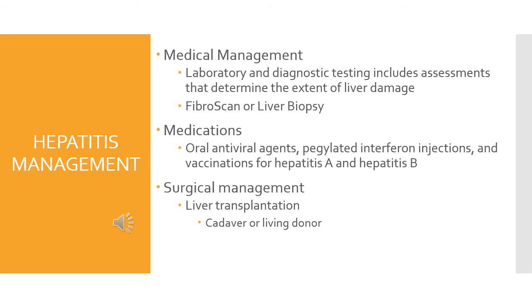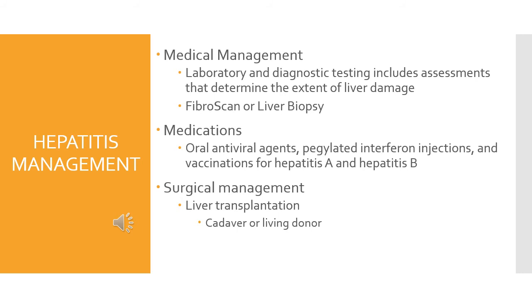The management of hepatitis involves diagnostic test results and a thorough physical exam that are important in the determination of the cause of the patient's clinical manifestations. Most of the tests are collected as routine blood samples and require no specific preparation.